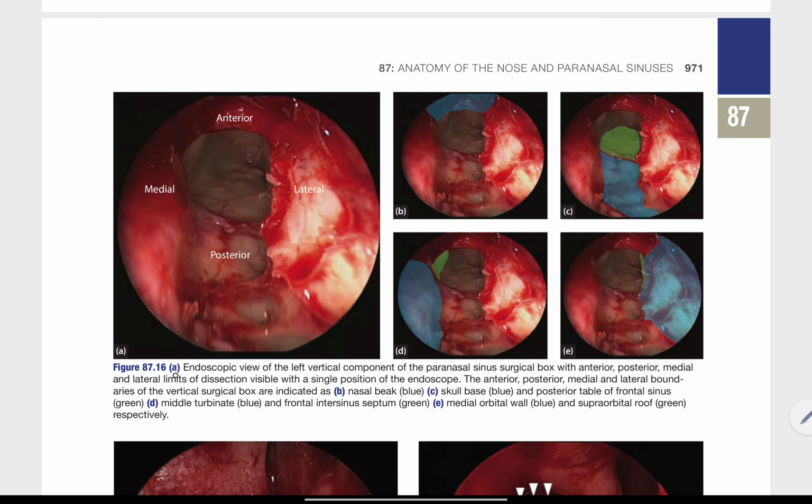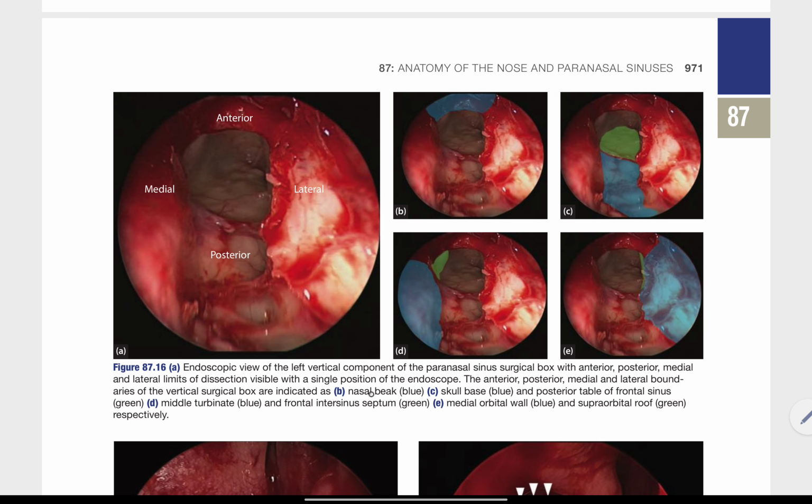Figure 87.16. A: Endoscopic view of the left vertical component of the paranasal surgical box with anterior, posterior, medial, and lateral views of dissection visible with a single position of the endoscope. B: The anterior, posterior, medial, and lateral boundaries of the vertical surgical box are indicated.